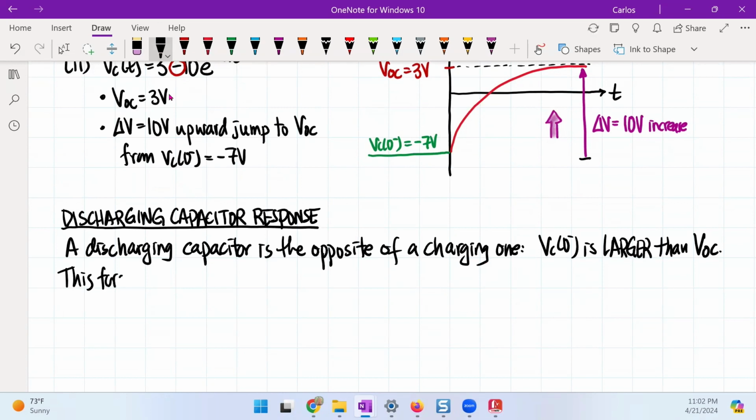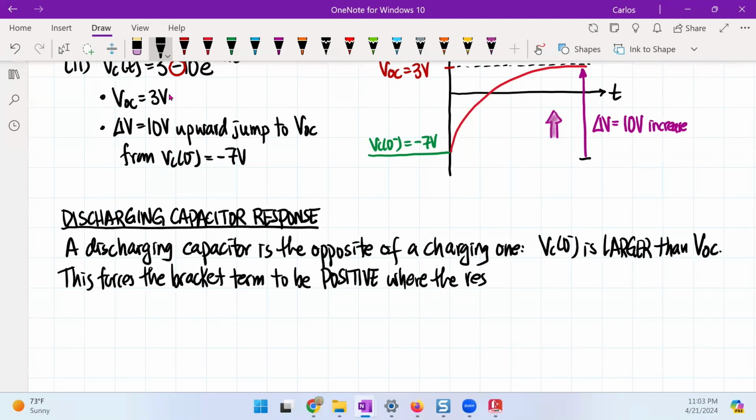This forces the bracket term to be positive, where the response is now looking like this.